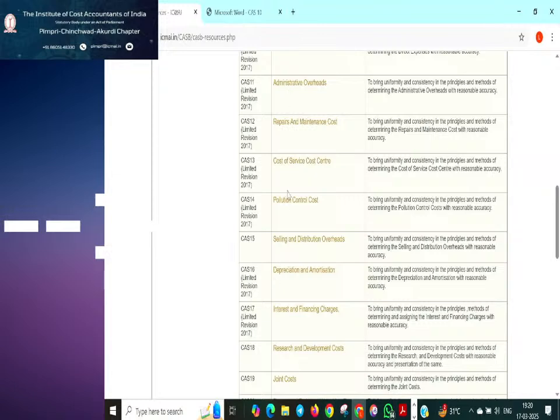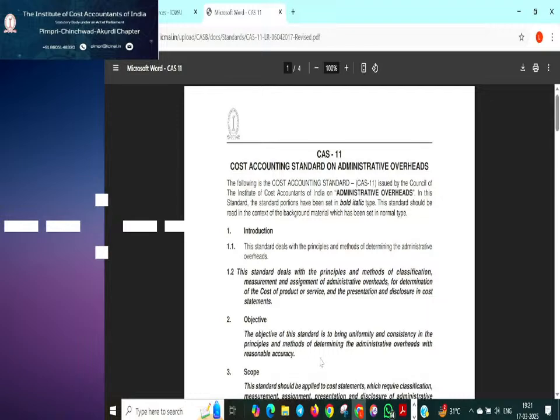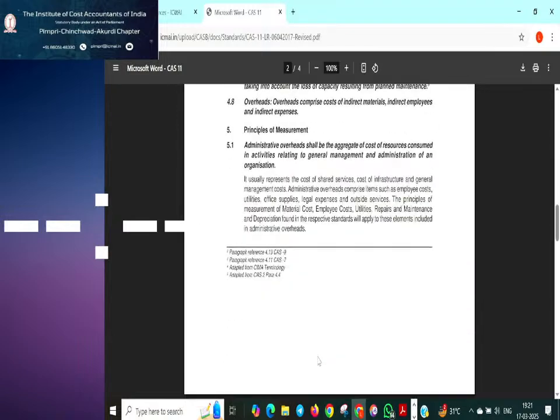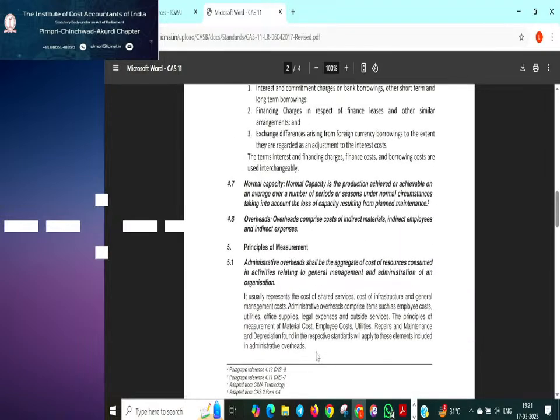Next comes administrative overheads. Once again I am just going to the principles of measurement. What does it say? Administrative overhead shall be the aggregate of cost of resources consumed in activities relating to general management and administration of an organization.